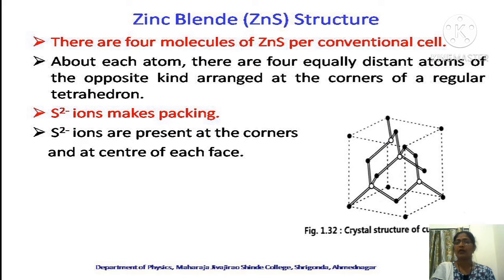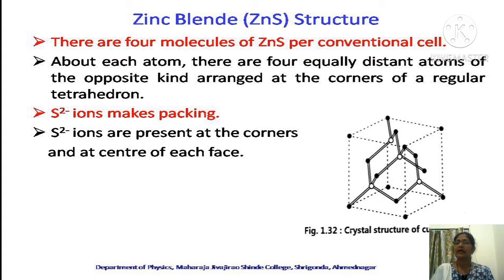So, there are 4 molecules of ZnS per conventional cell. So, each unit cell consists of 4 molecules of ZnS, similar to the NaCl crystal structure. About each atom, there are 4 equally distant atoms of the opposite kind arranged at the corners of a regular tetrahedron.